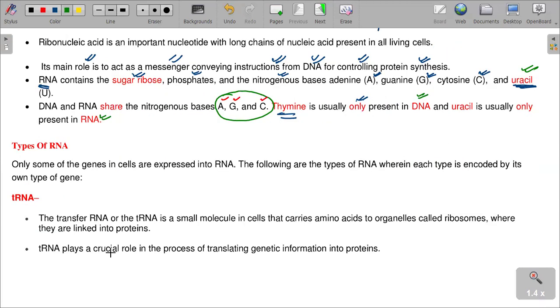Let's go to types of RNA. You should know that only some of the genes in the cell are expressed into RNA. But we also have some types of RNA wherein each type is encoded by its own type of gene. So what you need to understand is the types of RNA that we have.